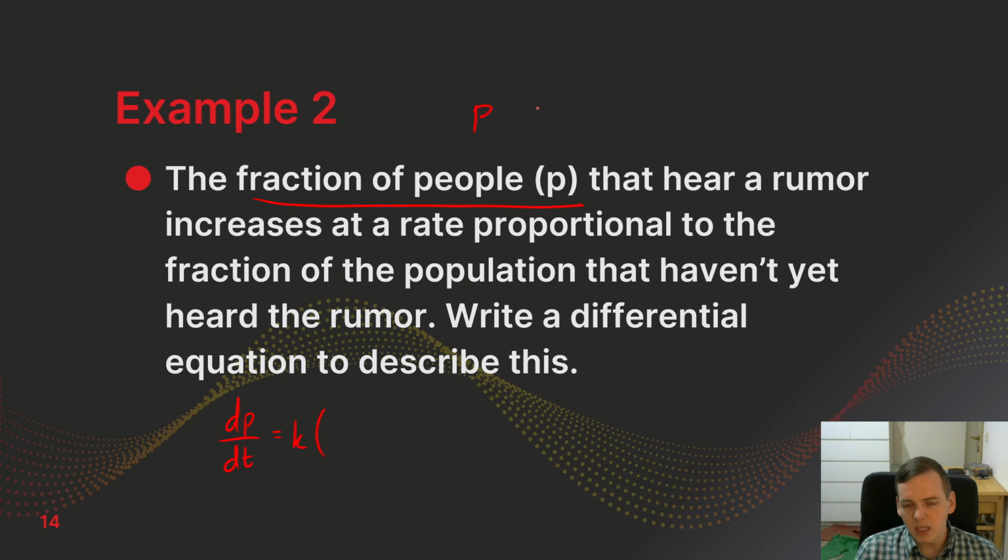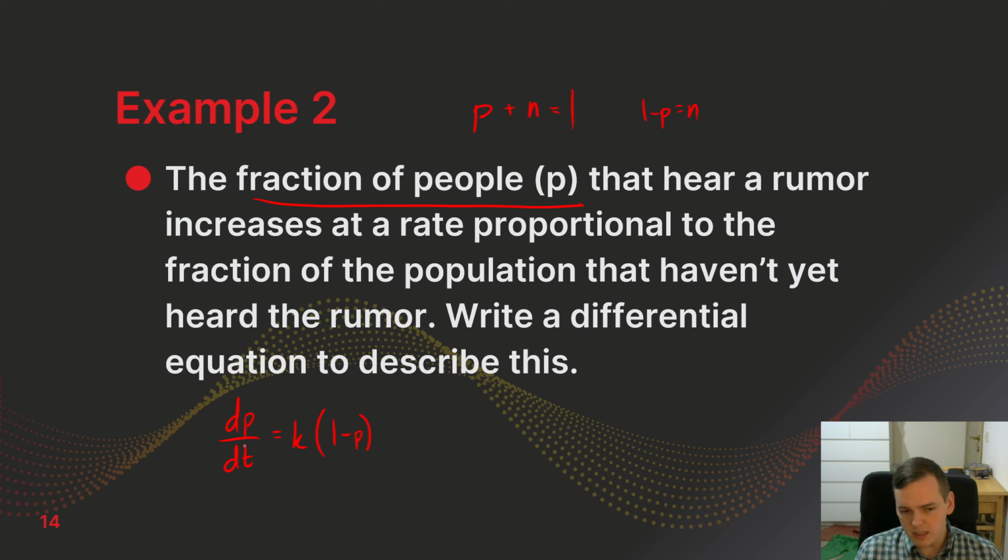So we know that P plus, we'll say, N for the number of people that haven't heard the rumor, those have to add up to 1 because they're both fractions. They're percentages. So in other words, 1 minus P is going to be equal to N. And that's the number of people that haven't yet heard the rumor.